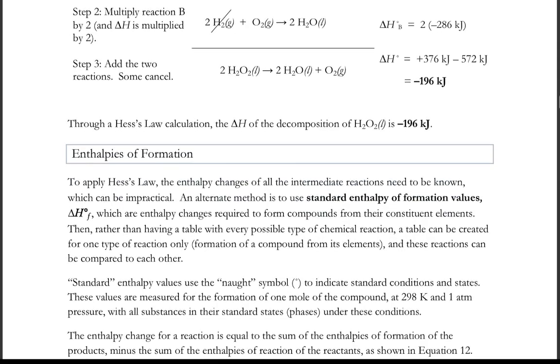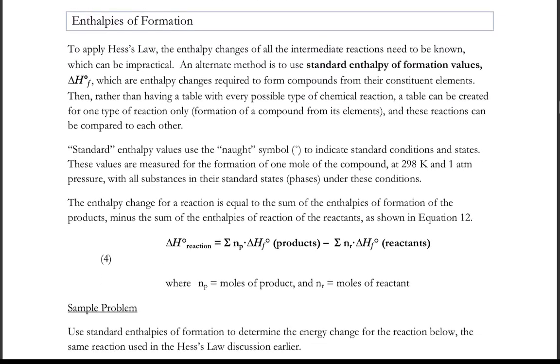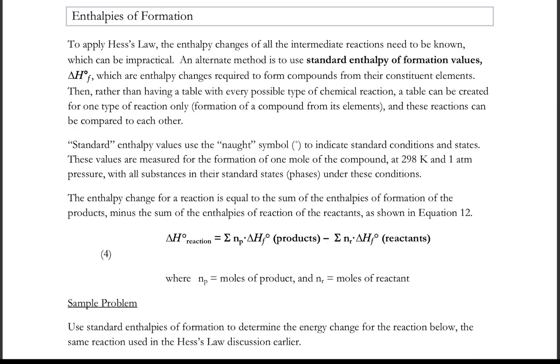We also are working with enthalpies of formation, and for that we are using data in the appendix. And we are also using that summation equation. Delta H of the reaction is the sum over the moles, the stoichiometric coefficients, times the delta H of formation of the products minus the sum over n delta H of formation of reactants.